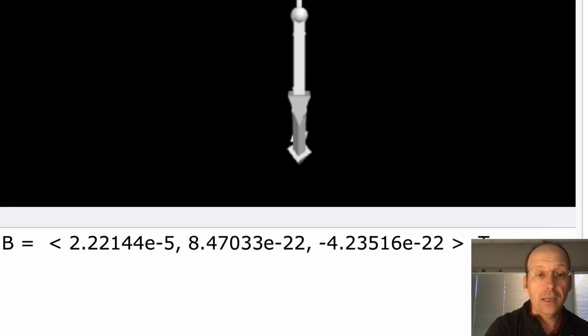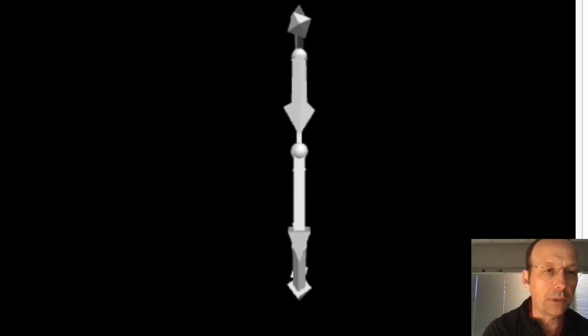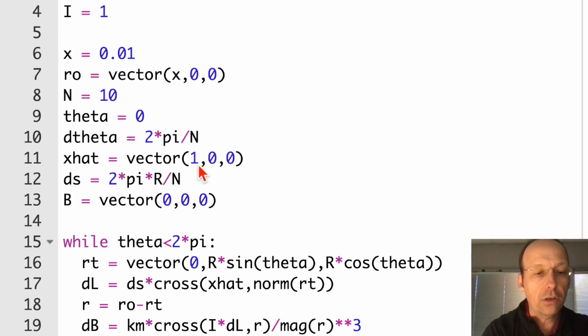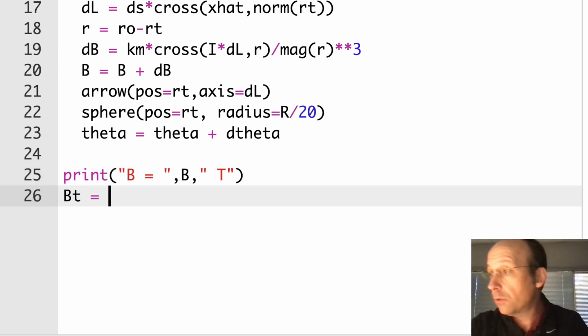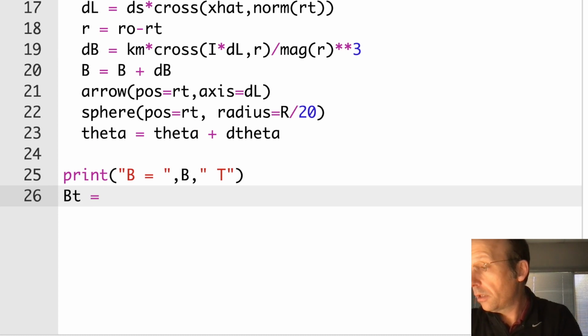So there's that. It's -0 in the y and z direction, right? Because it's super tiny, and it is in the x direction, which is on the axis of the plane, just like we said. So over here, let's calculate the theoretical BT. I'm going to look at my equation, which I covered up. Where did it go? There it is.